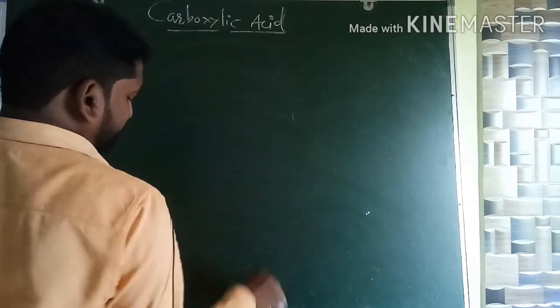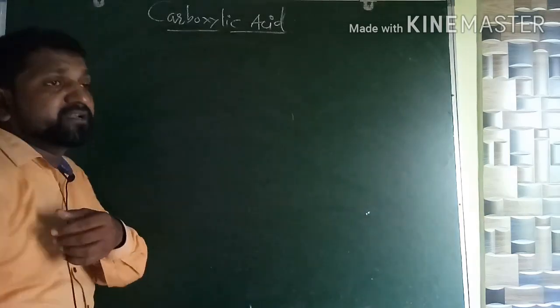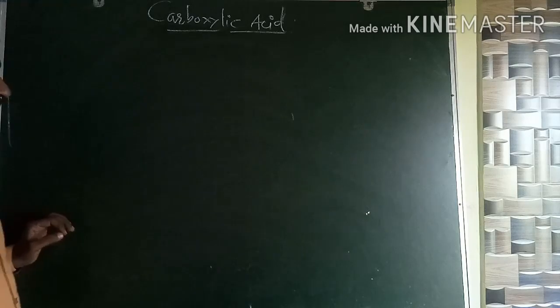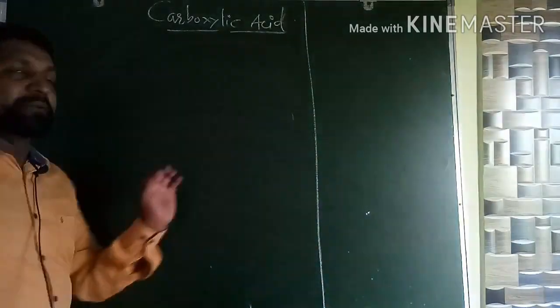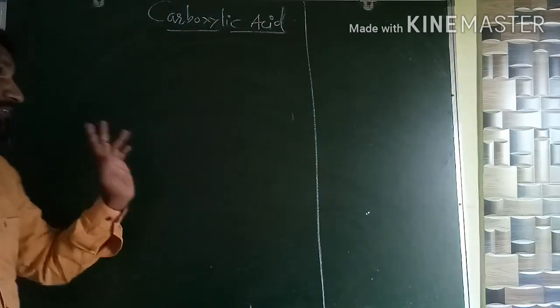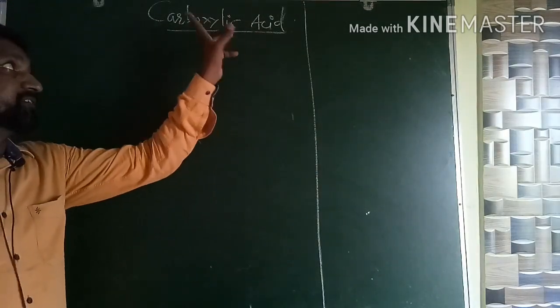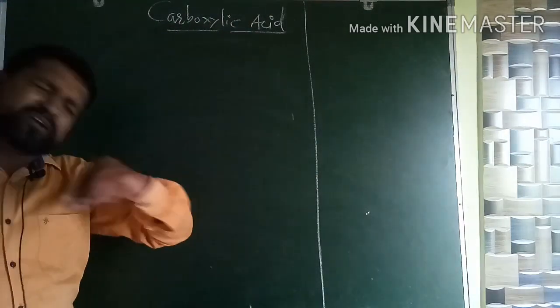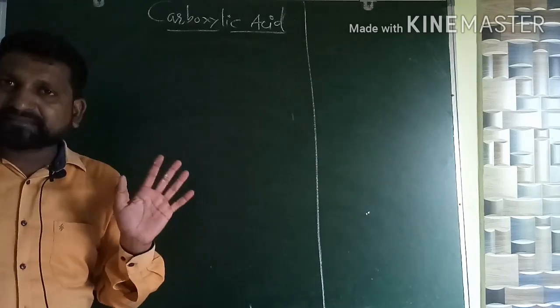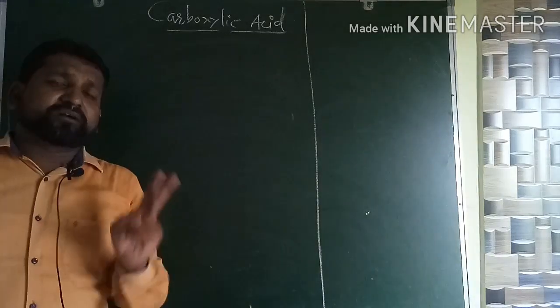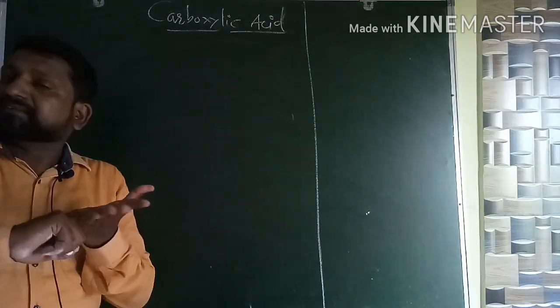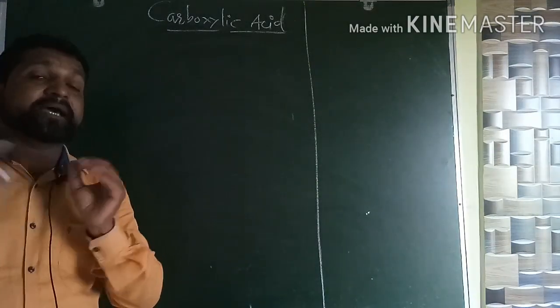Now, without wasting a moment, we directly move to the nomenclature. As I already told you for aldehyde and ketone, nomenclature is very, very important. Sometimes in the examination, nomenclature based on carboxylic acid or any functional group in the syllabus can be asked. There are two types of nomenclature system: the trivial system, that is the common name system, and the IUPAC system.